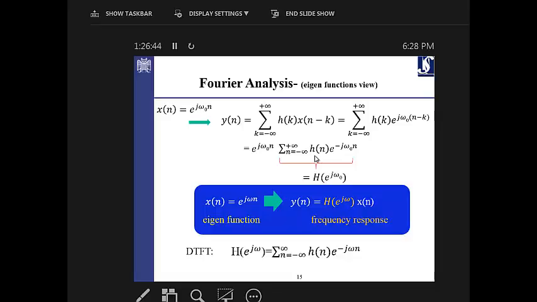And you see that we gave this function in time, and we got the output in time as something times the function in time, the one in the input. But this one just depends on the frequency. How might that happen? Just because this is the eigenfunction. And if you change these omega values, you will change this representation. So it means that this is now a new representation for these types of signals.